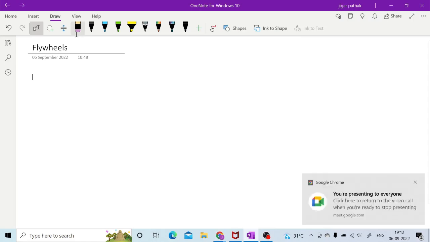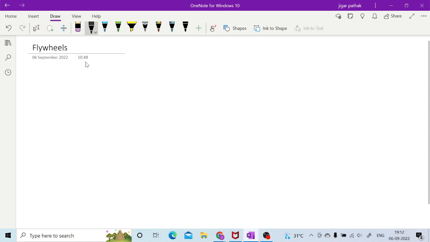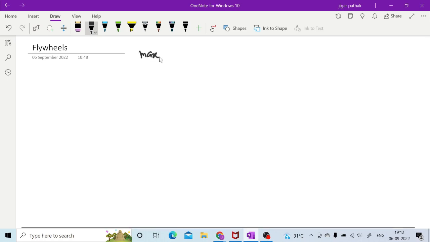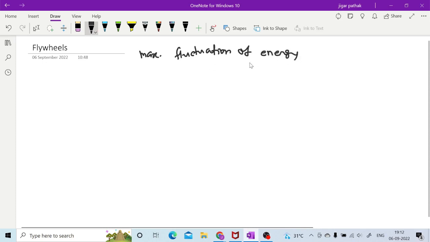So here in flywheel, as I have told you, it is going to store the energy, right. So before we start discussing the flywheel, you have to have an idea about maximum fluctuation of energy, right. So maximum fluctuation of energy will be achieved through 1/2 I omega max square minus 1/2 I omega minimum square.